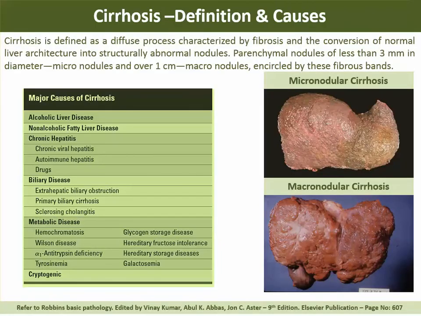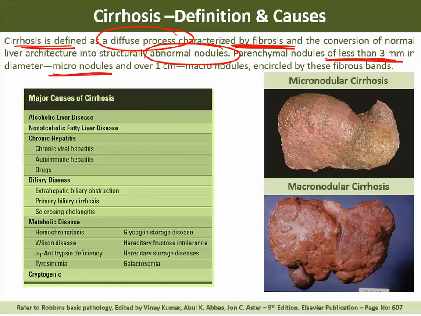Now coming to cirrhosis. Cirrhosis is a diffuse process, which means all areas of the liver are affected, and it is characterized by fibrosis and abnormal nodules. If the nodule is less than 3 millimeters, it is called micronodular.